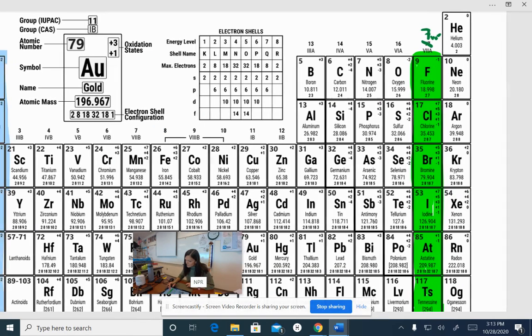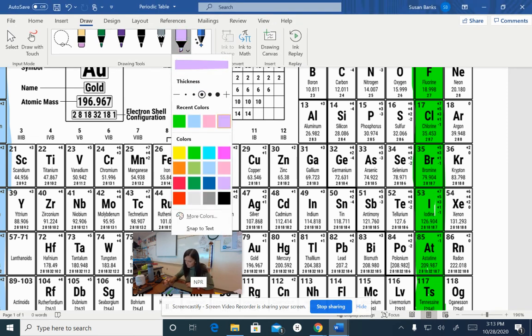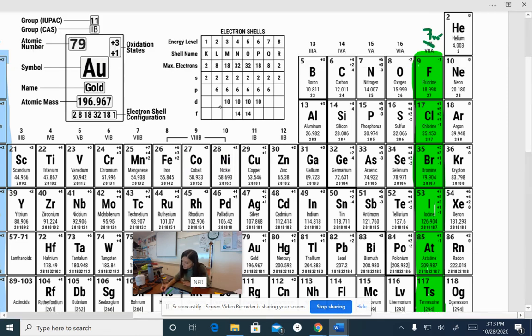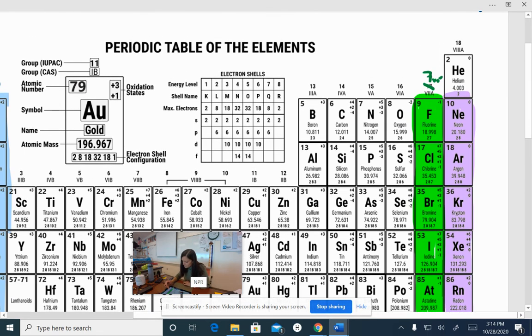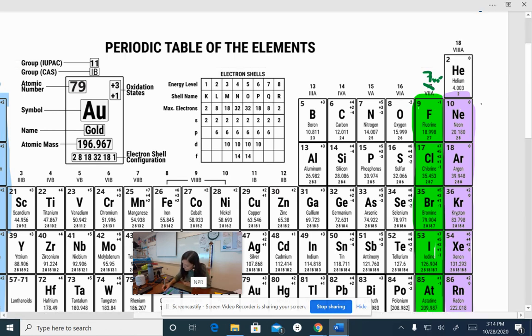Notice we did not include helium with this, because helium has 2 valence electrons. So these guys all have 8 valence electrons. And notice the group number here is 18.